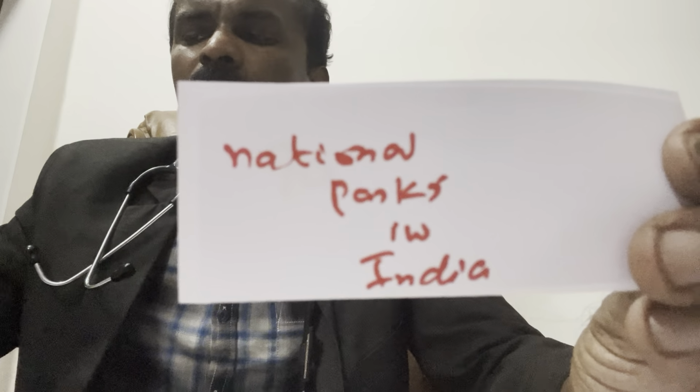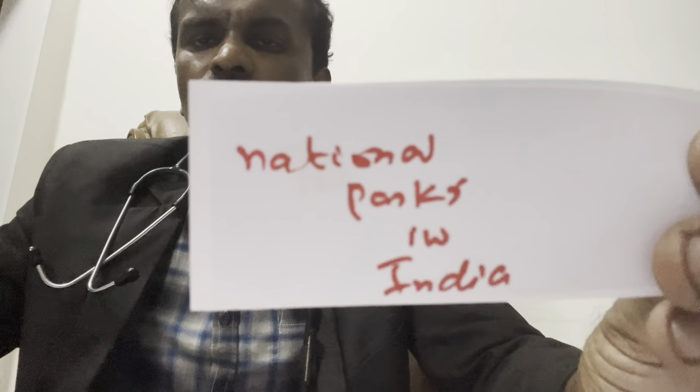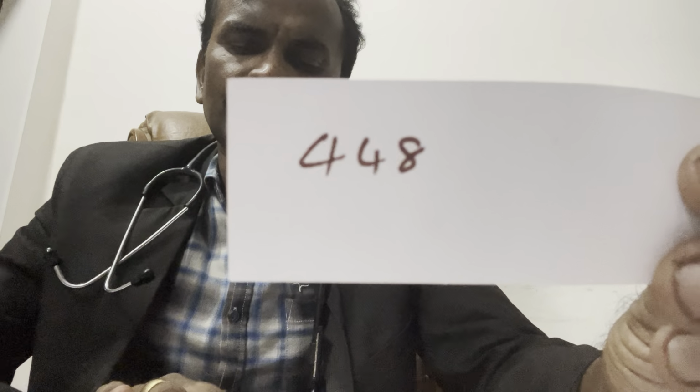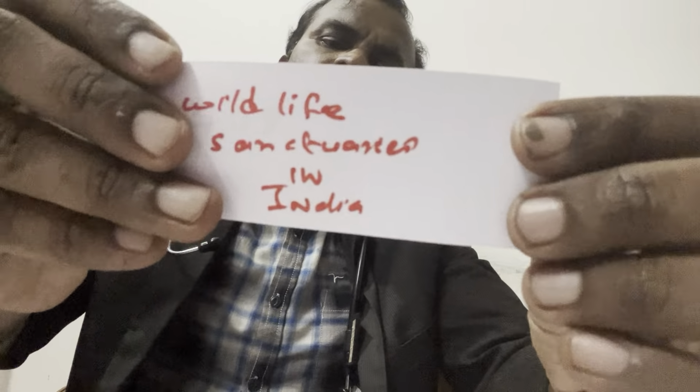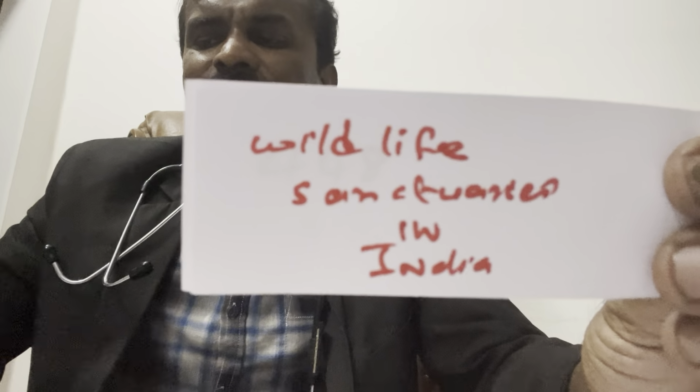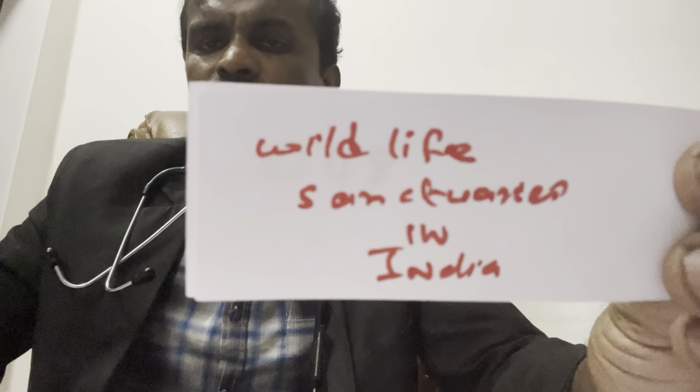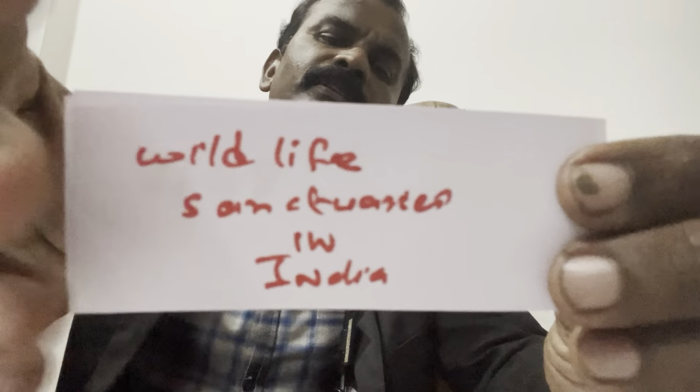Number of national parks in India is 90. What is 448? Wildlife sanctuaries in India is 448.